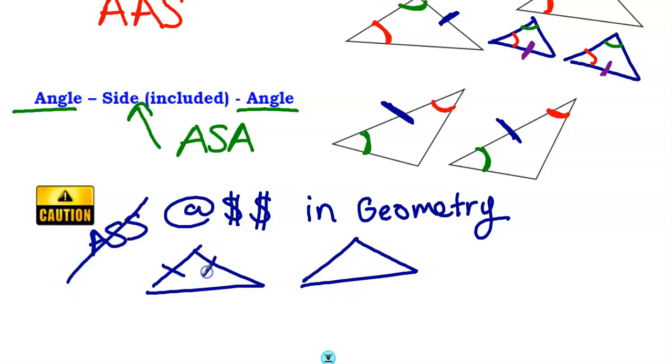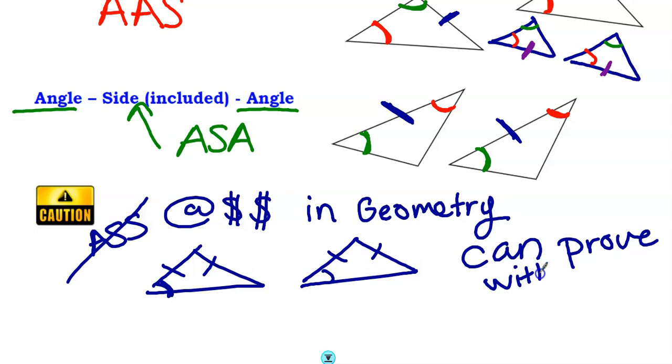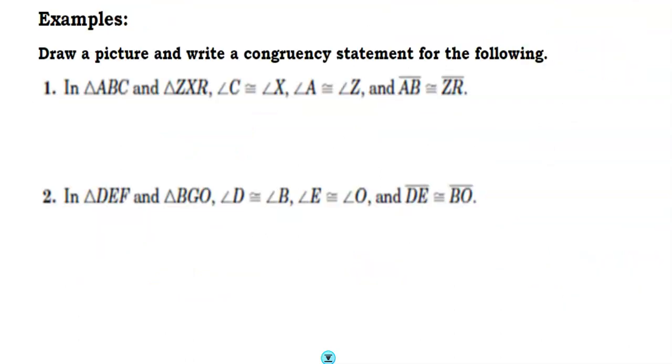That means that there's an angle and a side. But you can prove with AAS. So it's a little bit trickier. So ASS, no bueno. AAS, muy bueno. All right, so let's draw some pictures, y'all, and let's get to it.